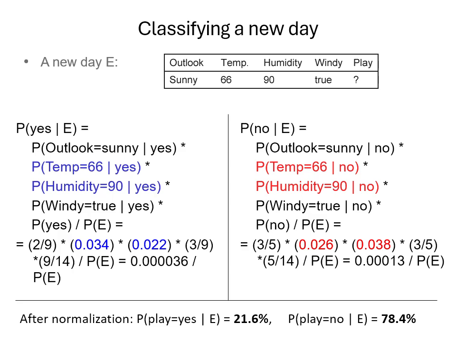The denominator we do not need to compute, of course, because when we're doing the odds ratio, this P of the evidences will cancel out. And we find out that the actual probabilities are 22% of playing versus 78% of not playing. We're classifying the new day as a non-playable day.